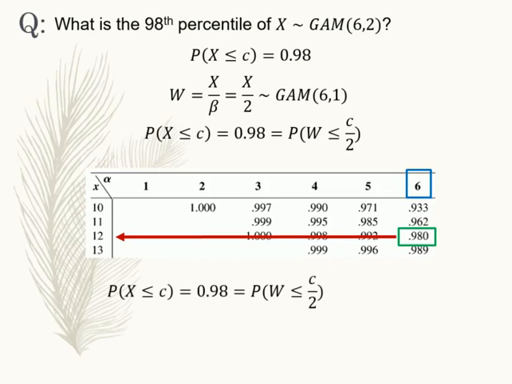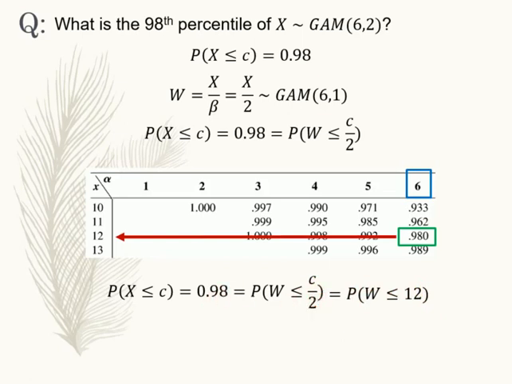So in other words, you can take this right-hand side and rewrite it as follows. We know that W less than or equal to C over 2 is just this. So 12 is exactly the same as that C over 2, because I know the area to the left of 12 is 0.98.